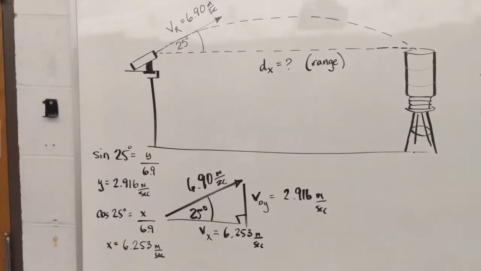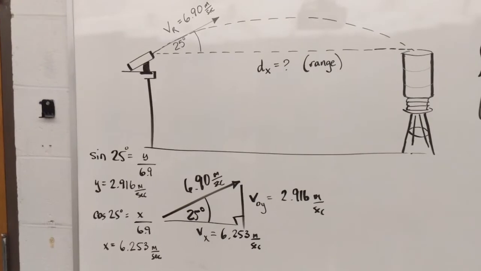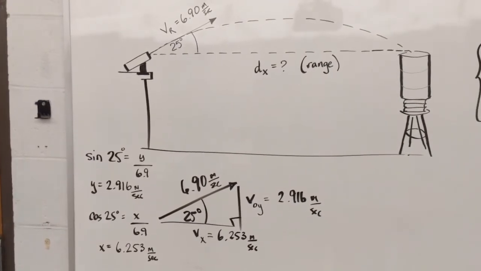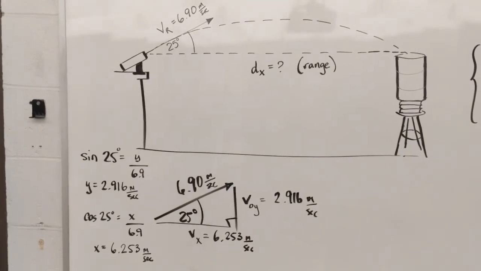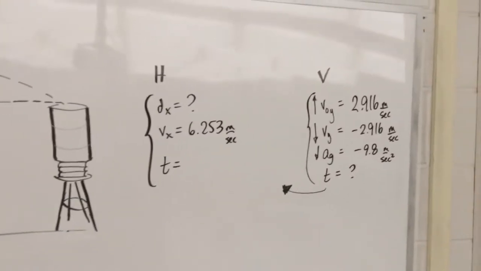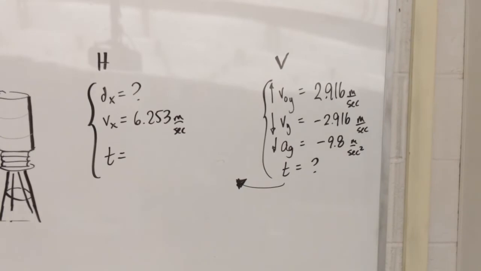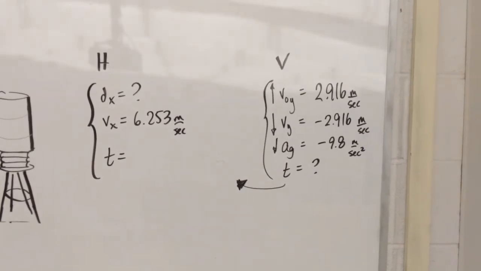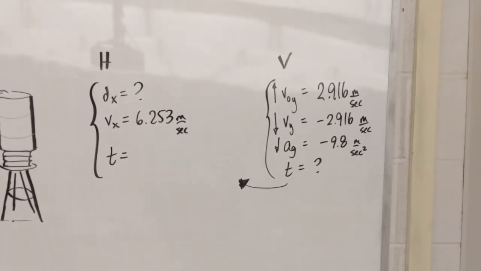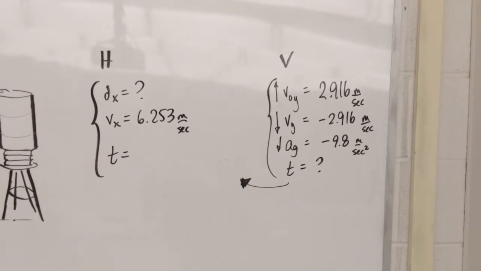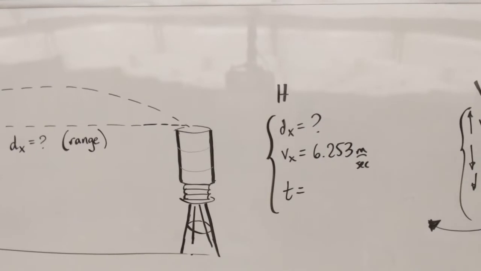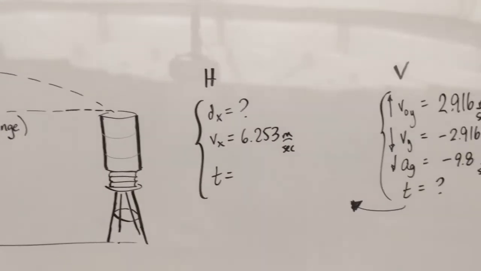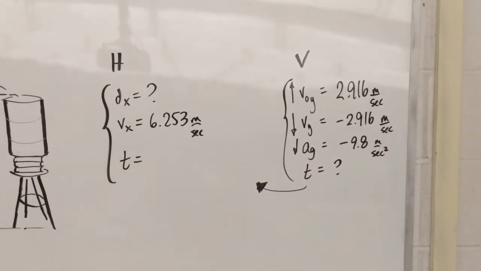Just like you did in problem number 7 about the potato cannon, you should now be able to arrange this information into horizontal and vertical components of motion. Here, the horizontal velocity is constant and the vertical velocity is affected by gravity. At the beginning it is upward at 2.916, and at the end of its projectile path, when it enters the target, we hope, it's negative 2.916.